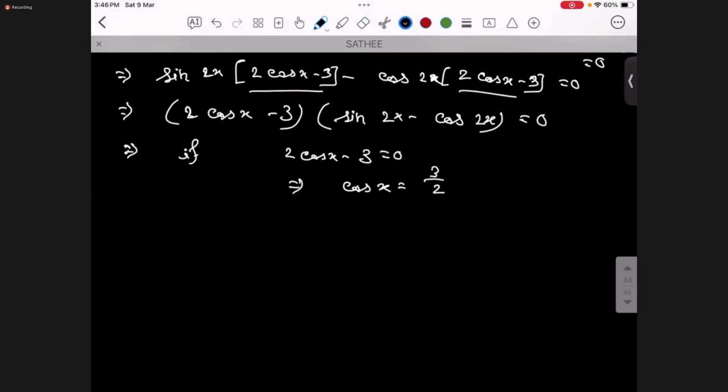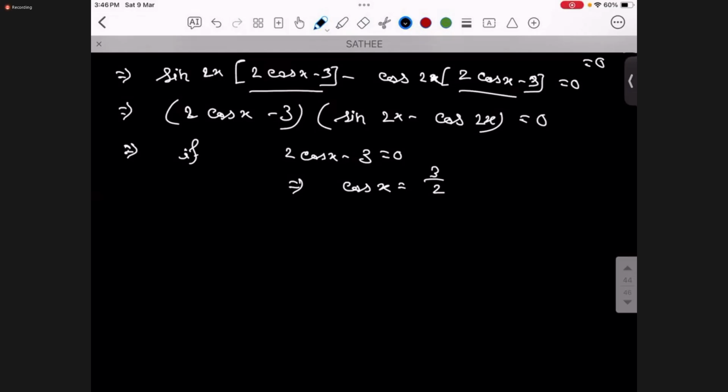Now one can ask, okay, this is the answer, cos x equals 3 by 2, so we just need to find the values of x which can give us the value 3 by 2.